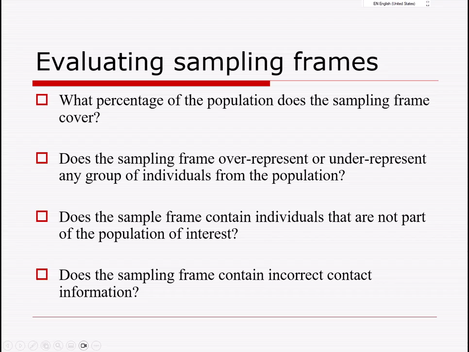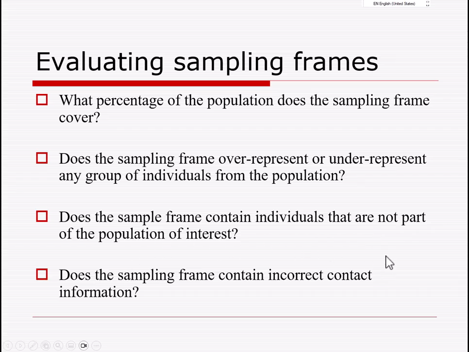So these are some questions to evaluate the quality of your sampling frame. What percentage of the population does the sampling frame cover? It has to be as high as possible. Does the sampling frame overrepresent or underrepresent any group of individuals from the population? You may want to use different sampling rates if you know that some groups are overrepresented or underrepresented. Does the sampling frame contain individuals that are not part of the population of interest?